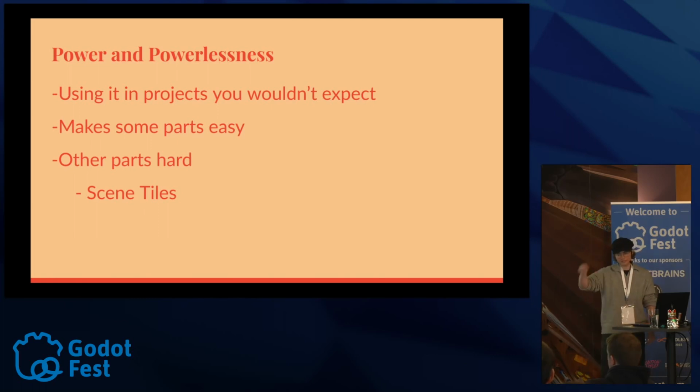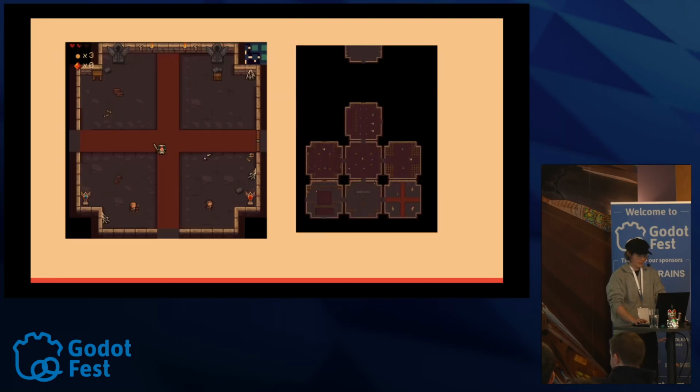So when you place a scene tile, you need to catch it, like you need to have a signal, child enters scene, catch it, and then you need to put the location of that scene tile yourself. So it's not as easy to retrieve the scene tiles. You have to work around that. But in some cases, it can make it easier.